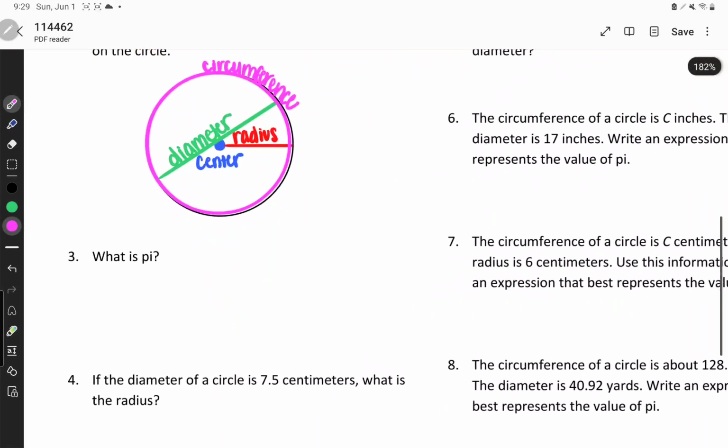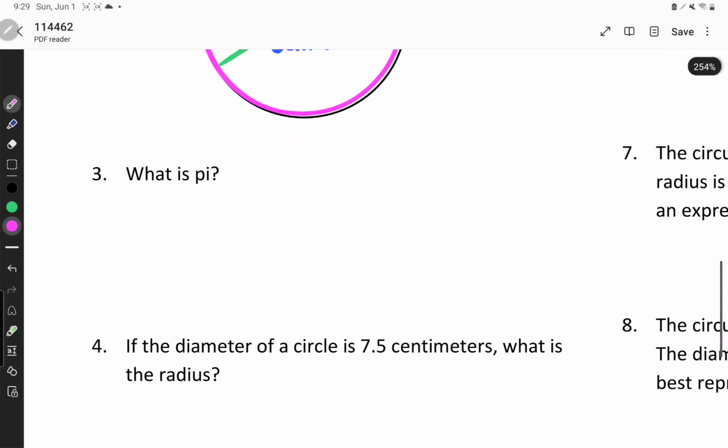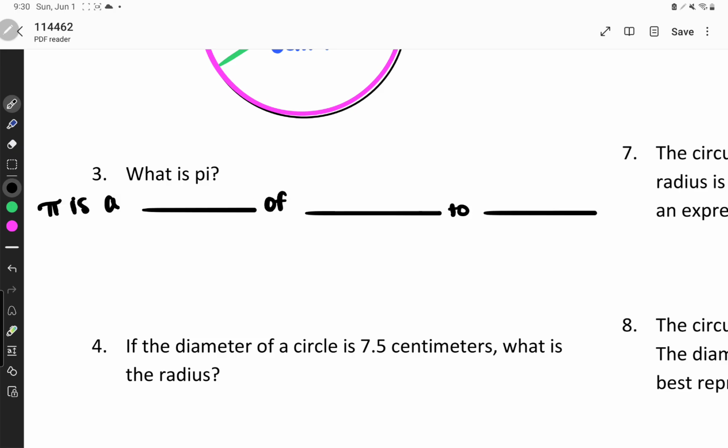All right, this one asks, what is pi? There are a few ways that we defined pi today. The first thing I want to talk about is the actual definition of pi. Here's what we know. We know that pi is a what? What goes in this blank?